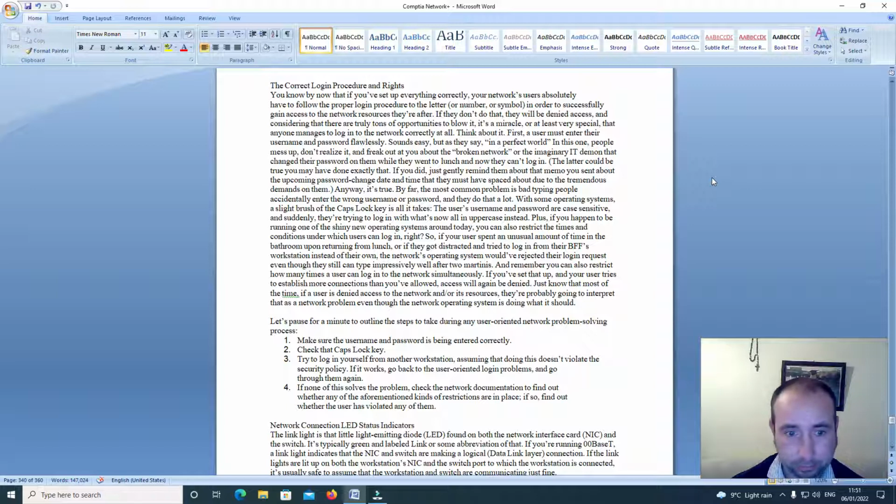People accidentally enter the wrong username and password, and they do that a lot. With some operating systems, a slight brush of the Caps Lock key is all it takes. The user's name and password are case sensitive, and suddenly they're trying to log in with it all in uppercase instead. Plus, if you happen to be running one of the shiny new operating systems around today, you can also restrict the times and conditions under which the users can log in, right?